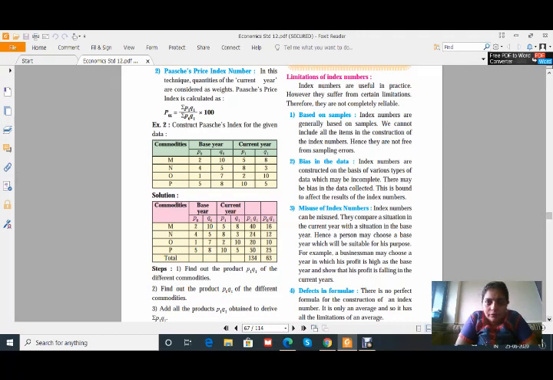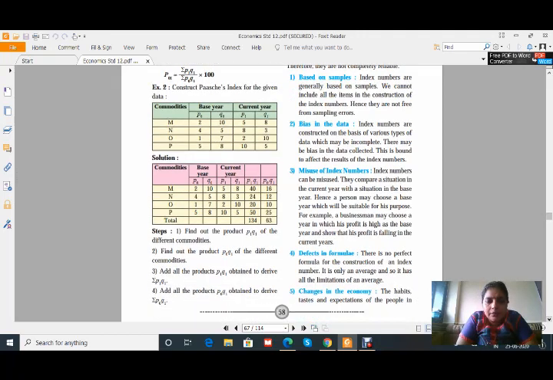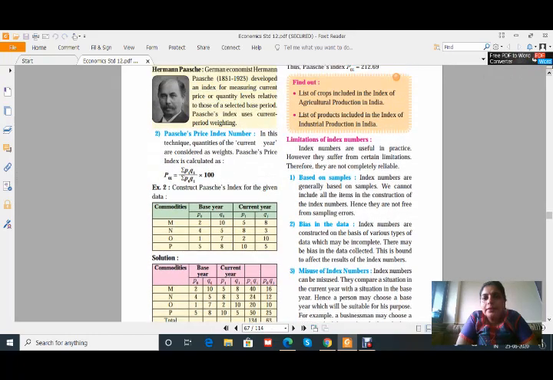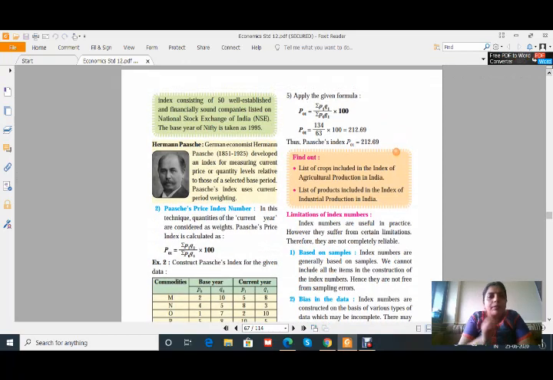So while calculating this index number, it shows that P01 is equal to summation of P1 Q1 upon summation of P0 Q1 into 100. So it will give us 134 upon 63 into 100, that is P01 is equal to 212.69.